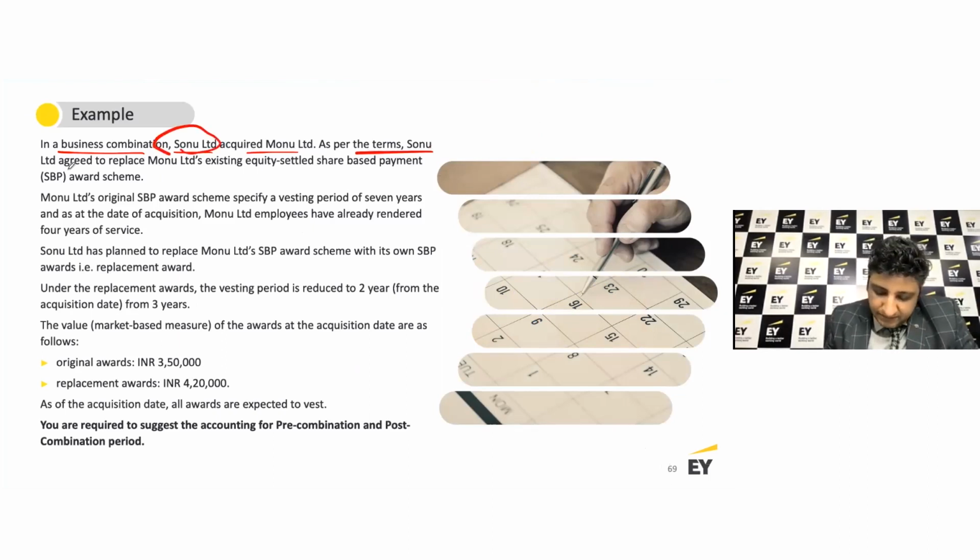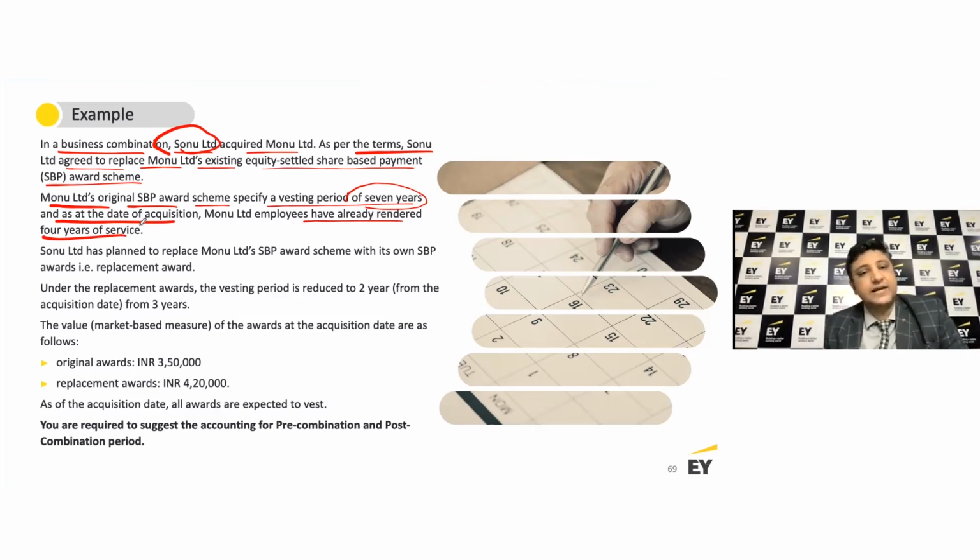As per the terms, Sonu agreed to replace Monu's existing ESOP scheme, the equity settled share-based payment award scheme. Monu Limited's original award scheme specified a vesting period of 7 years, and at the date of acquisition, 4 years have already gone by. So we are essentially talking about the remaining 3 years, of course, right?